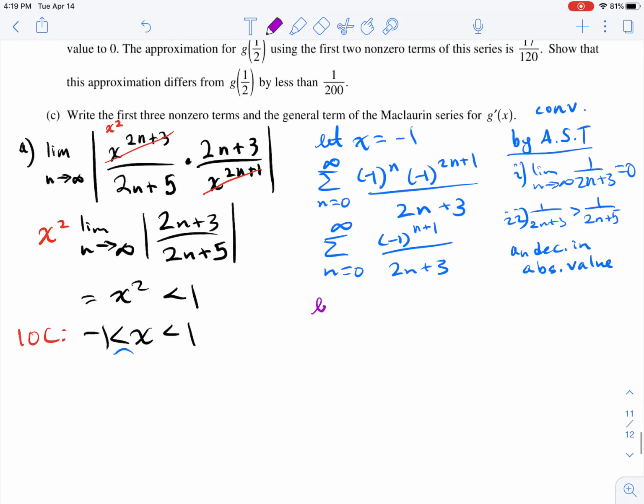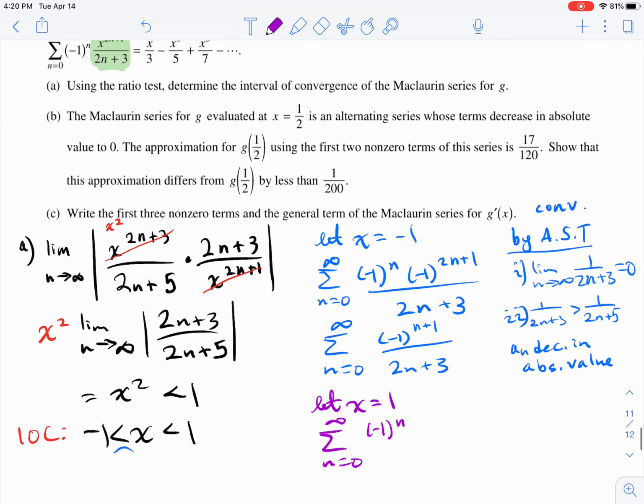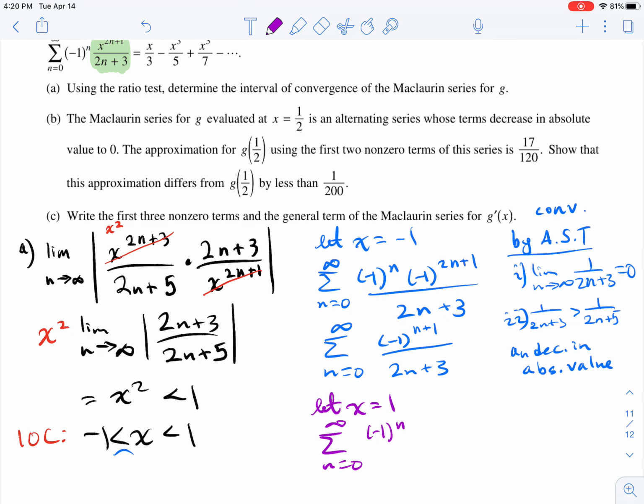When x is equal to positive 1, let's look at that. Same sort of deal. That should plug into negative 1 to the n. And let's make sure I remember what that original general term looked like.